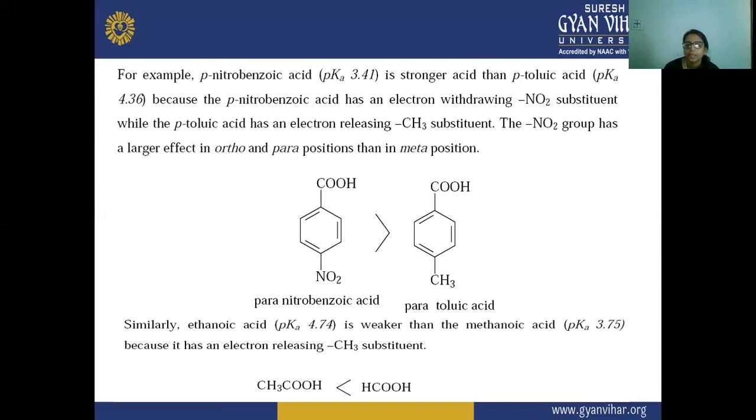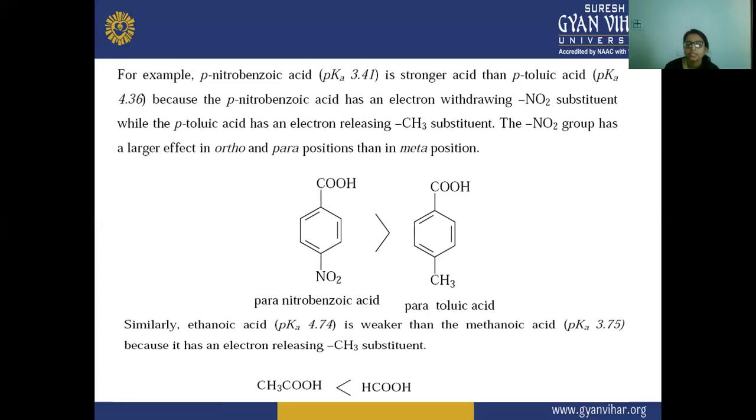Here you can see the pKa is 3.41 in the case of para-nitrobenzoic acid, and in the case of para-toluic acid it is 4.36. This is due to the nitro group, which is electron withdrawing, and the para methyl group attached to the benzoic acid.